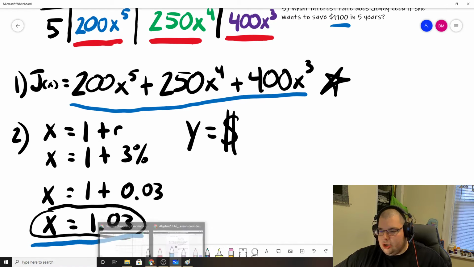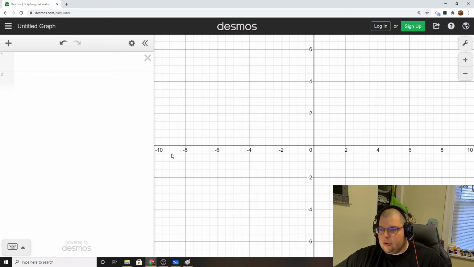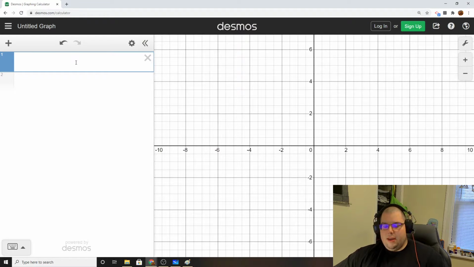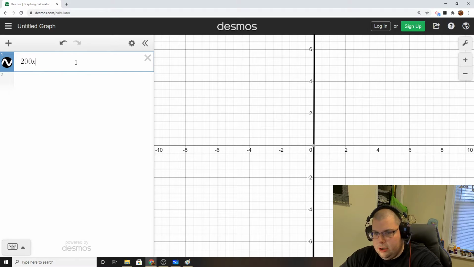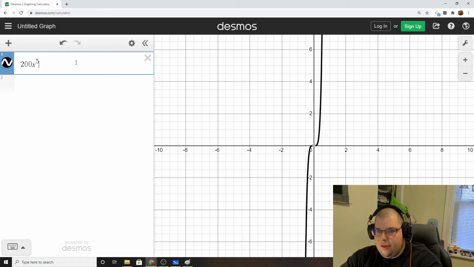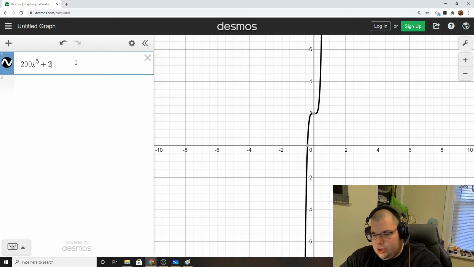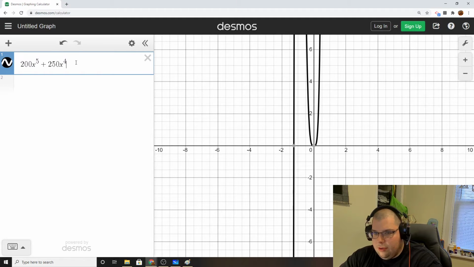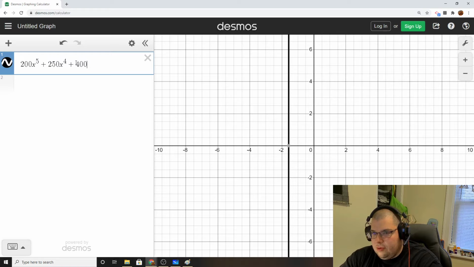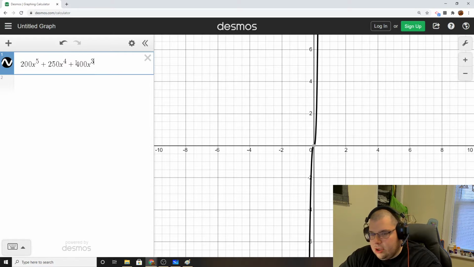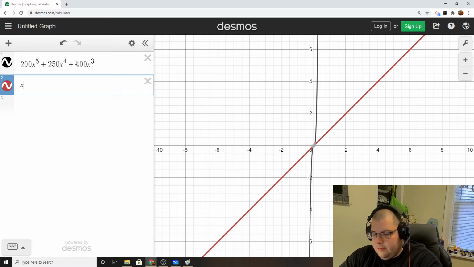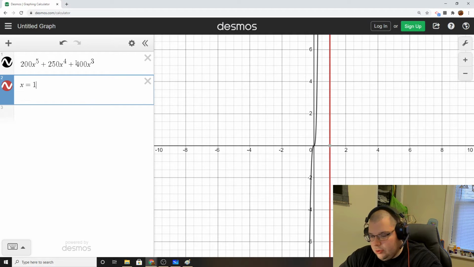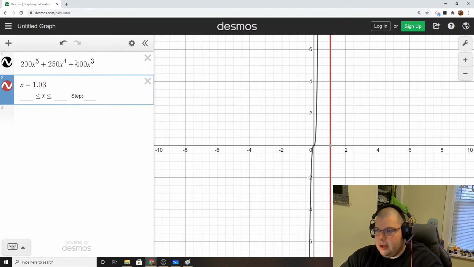We're going to switch over to Desmos right now, and my polynomial was 200x to the fifth plus 250x to the fourth plus 400x cubed, and then my x value was x equals 1.03.